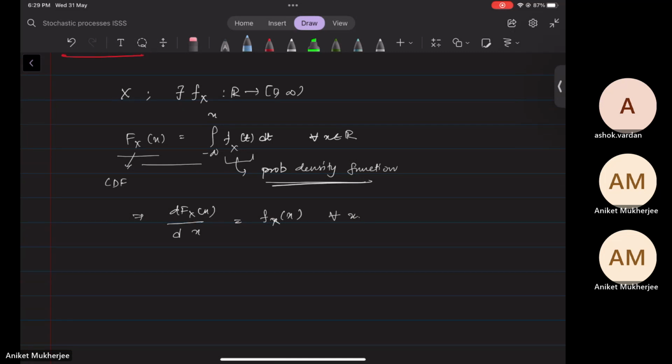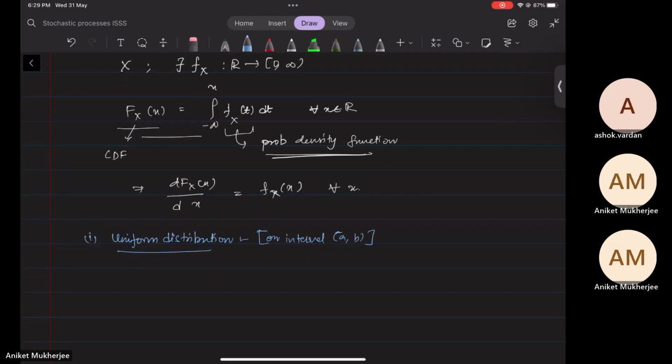Now some examples of continuous distributions. In continuous, we have the uniform distribution on the interval a, b. First we define the density function.